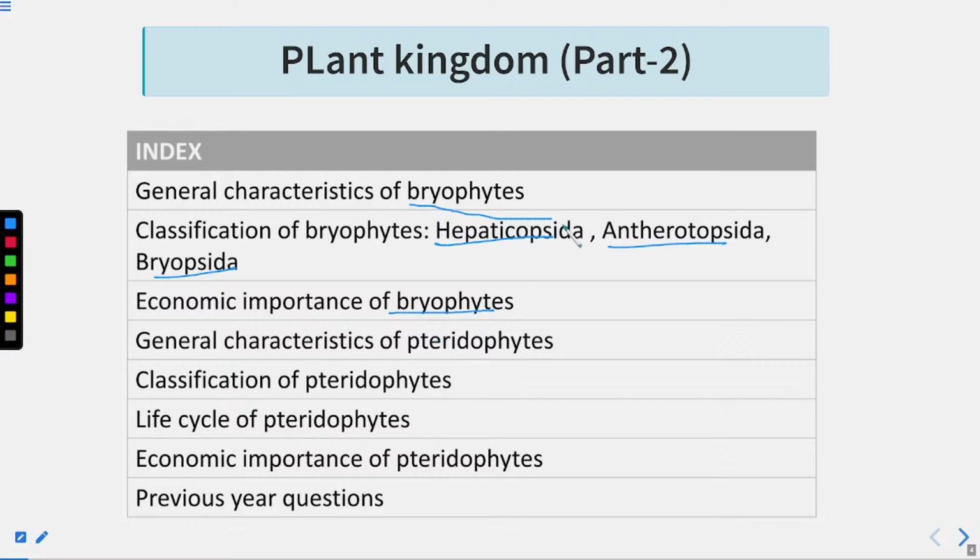Next topic will be pteridophytes: classification of pteridophytes and life cycle of pteridophytes, and also the economic importance of pteridophytes. Then we will solve some previous year questions based on bryophytes and pteridophytes.